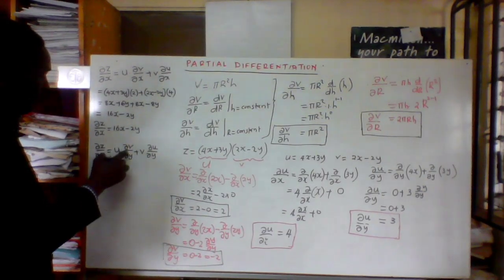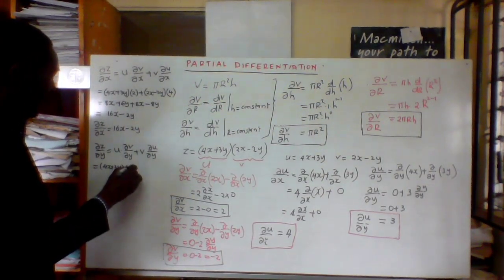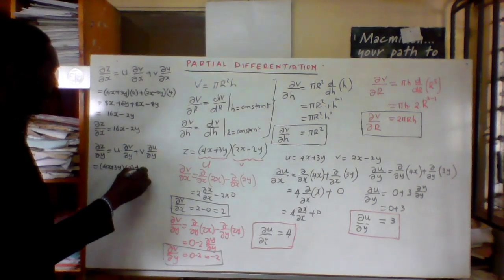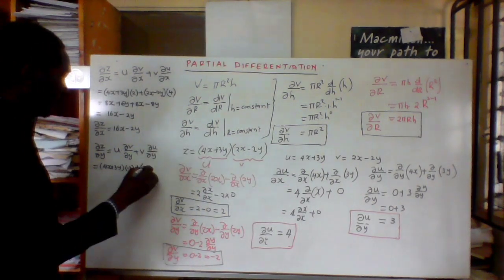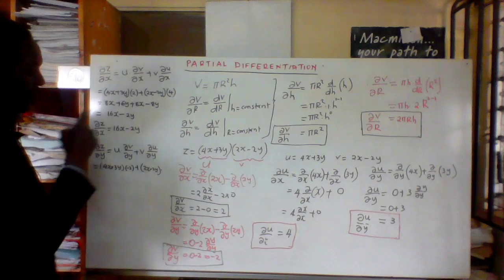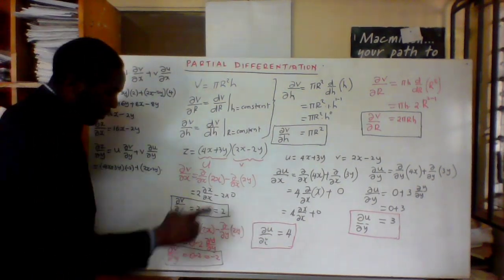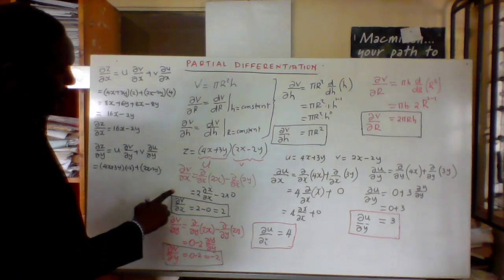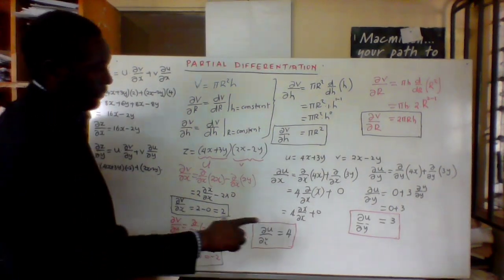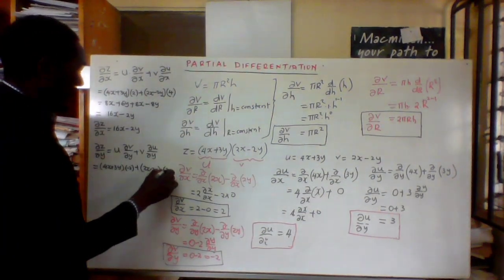Then partial derivative of v with respect to y is negative 2, so we multiply here by negative 2. We add v, the second term, which is 2x minus 2y. Multiply that by partial derivative of u with respect to y. Partial derivative of u with respect to y, where is it? It is 3, so we have to multiply this by 3.